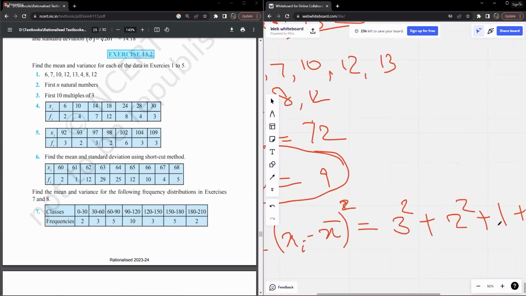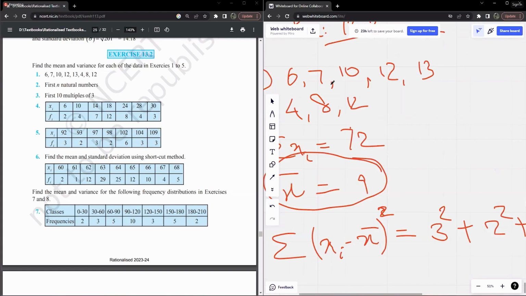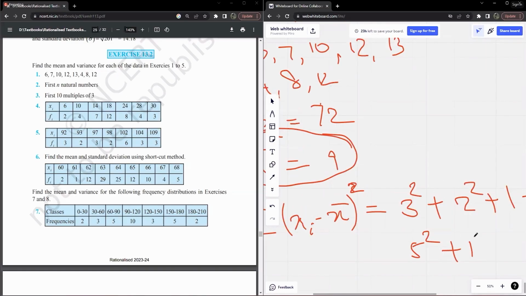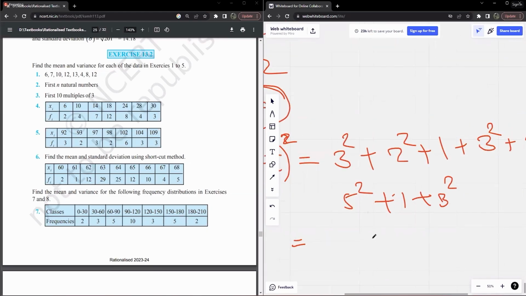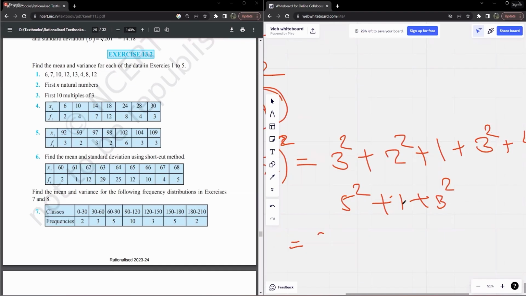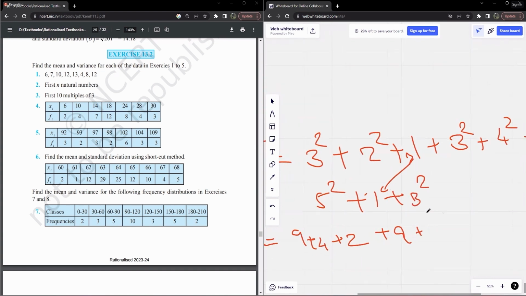Plus then you have 4 minus 9 being 5 square. 8 minus 9 being again 1. And this is a 12, so we have 12 minus 9, that is going to be a 3 squared again. Which is 9 plus 4 plus 2. I'll club this and this and this, give a 2. Plus 9 again, plus this is the 4 square, this is 16.